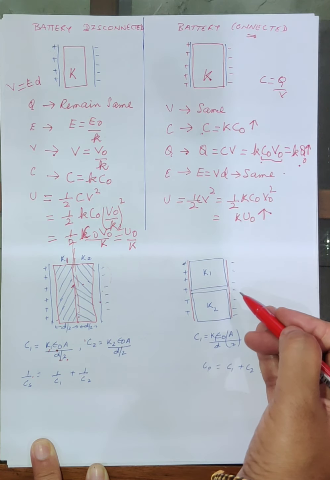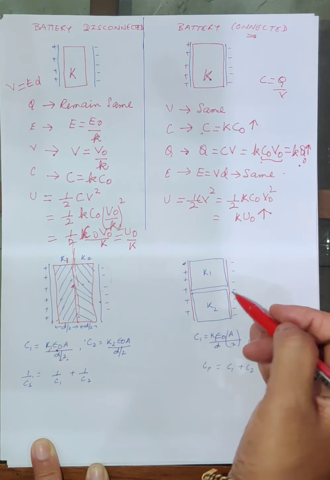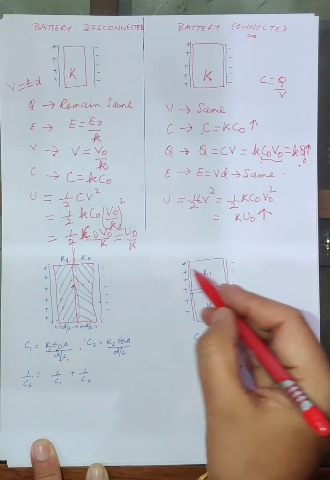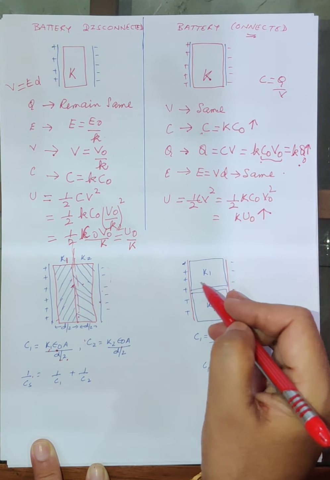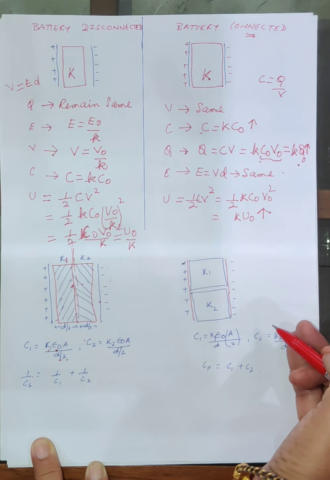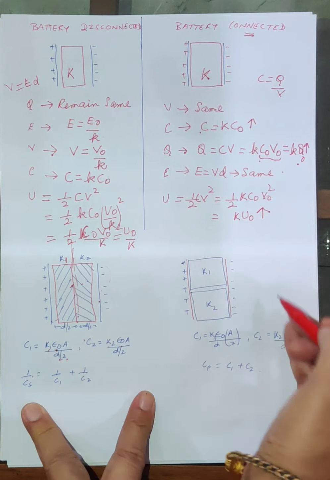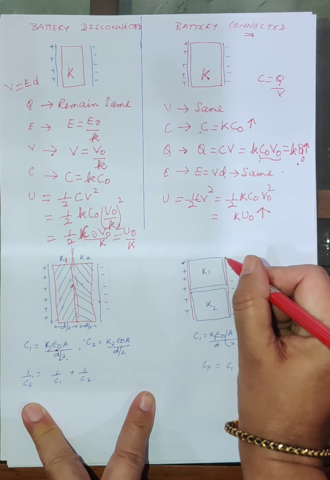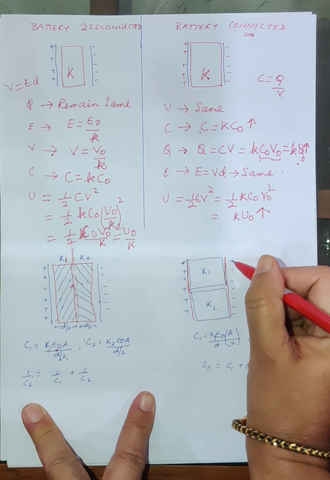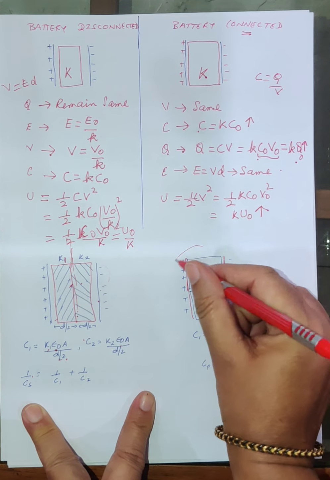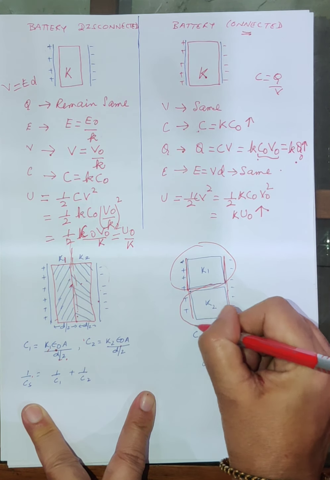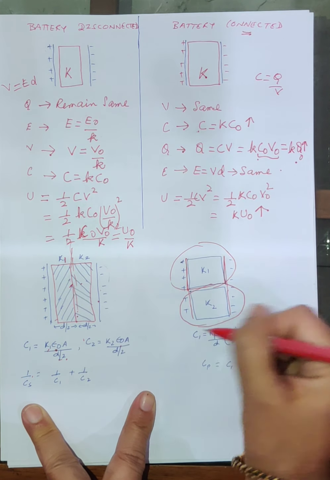Now look at this problem. Now how is the dielectric placed? These are two plates, a positive and a negative plate. Now the two dielectric slabs are placed like this. Okay, now children, how will you visualize this? You have to visualize this as my one capacitor, and this is my second capacitor.